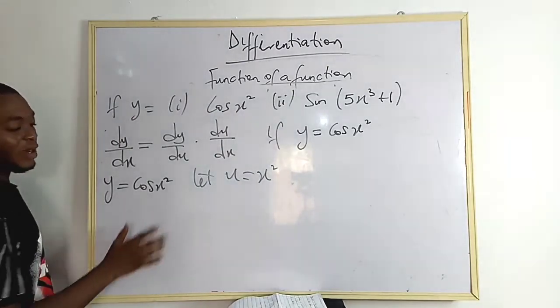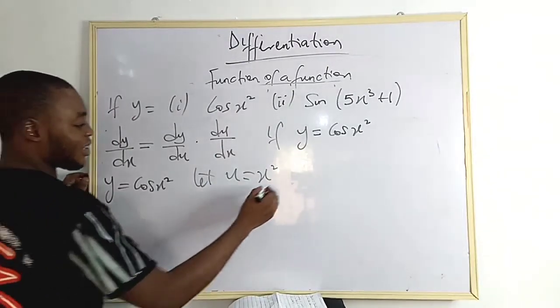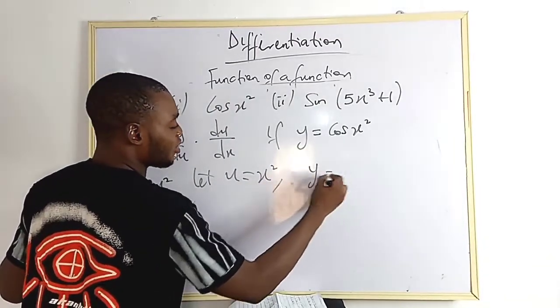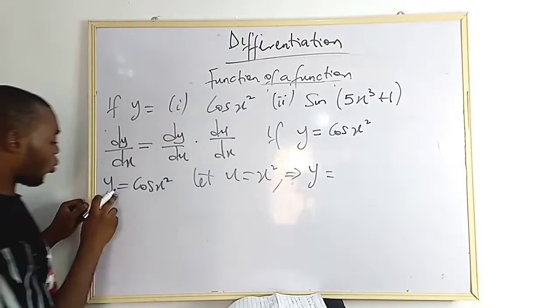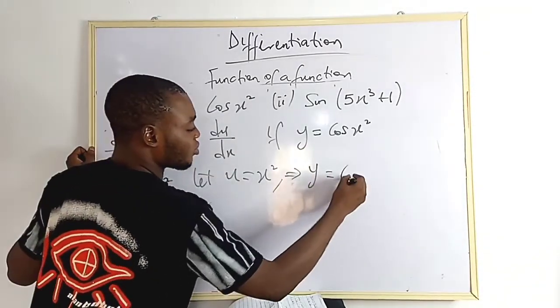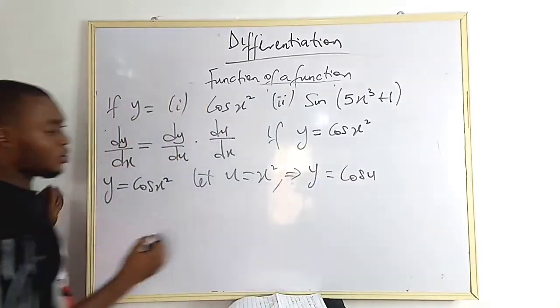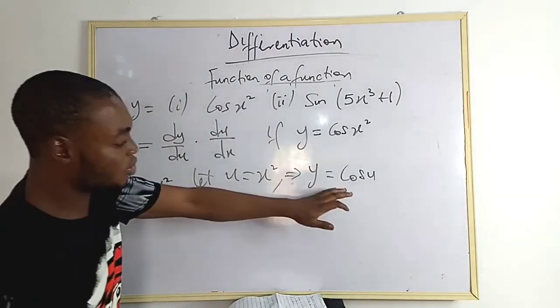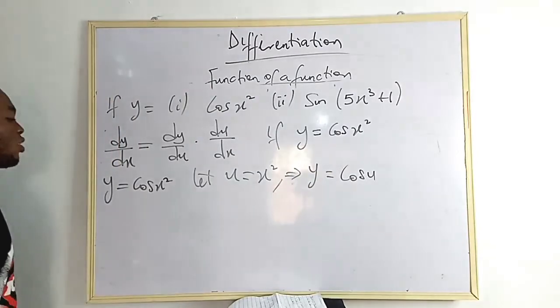If u equals x squared, that implies y will be equal to cos u.